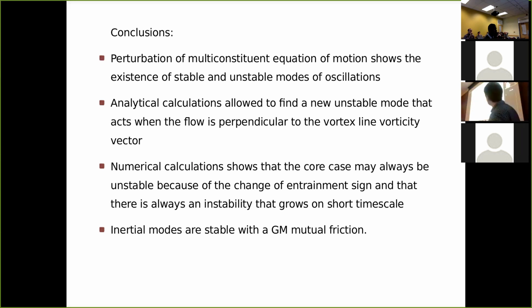And also it shows that the core case may always be unstable because entrainment changes sign, and we did some calculations connected with Gorter-Mellink mutual friction, and showed the inertial modes are always stable for this mutual friction, unlike the case of HBVK mutual friction.